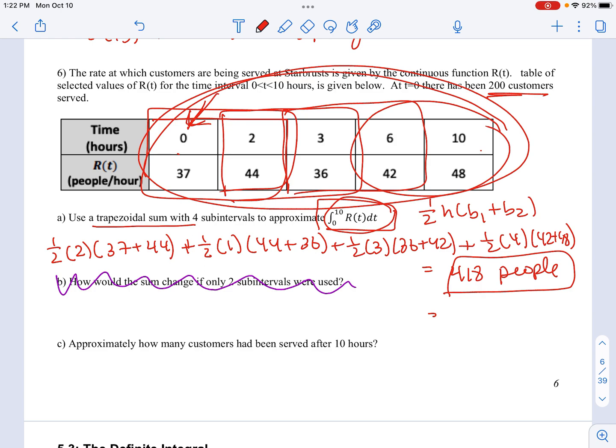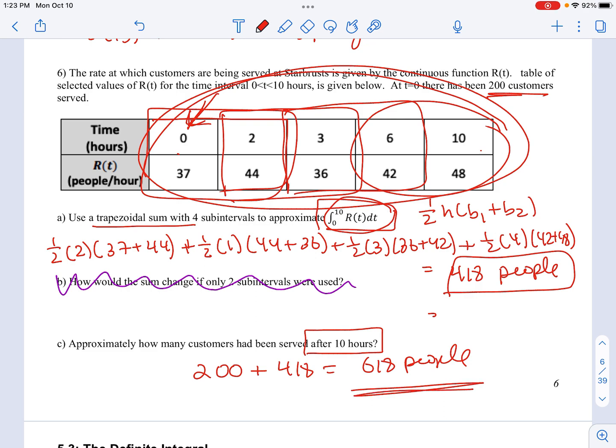It could be 10 a.m., whatever they said time 0 to. So if I want to know how many have been served after 10 hours, we would have to add that 200, so we get 618 people. So the important thing to notice is this is how many people have been served after 10 hours. This is how many people have been served during that 10-hour interval from 0 to 10 hours.